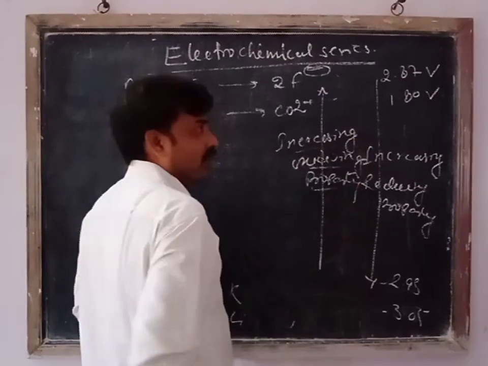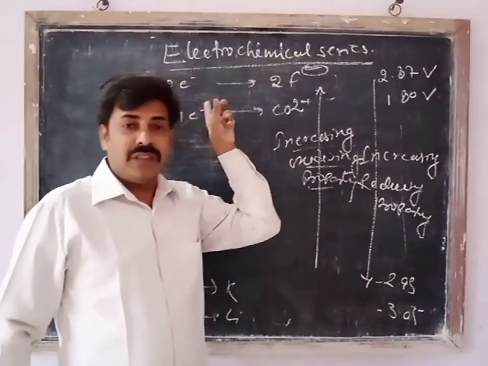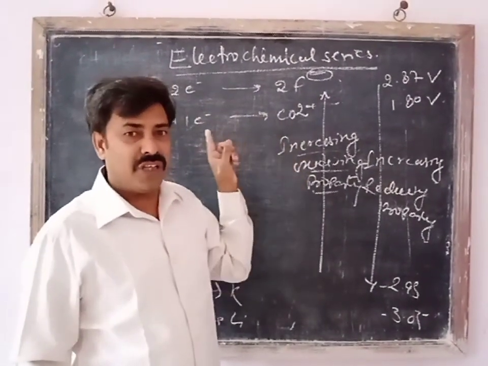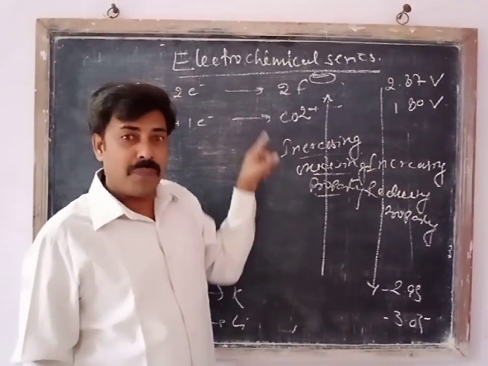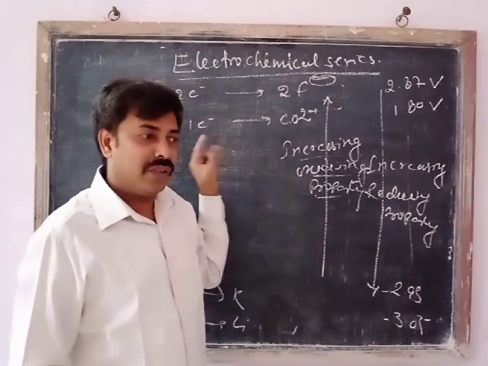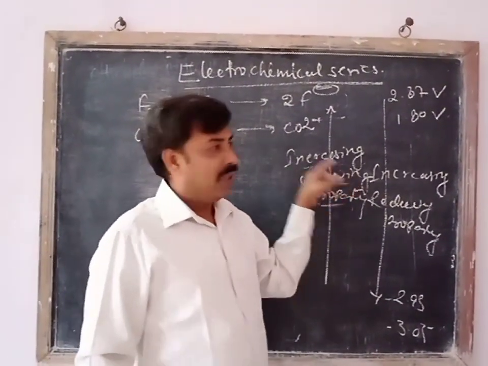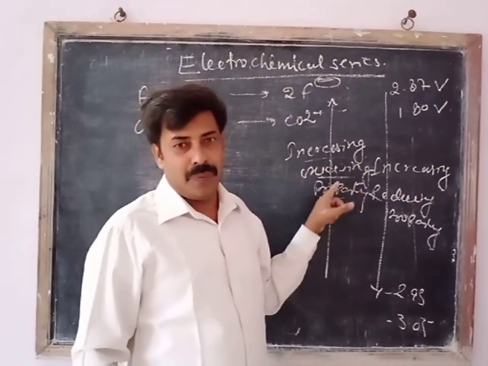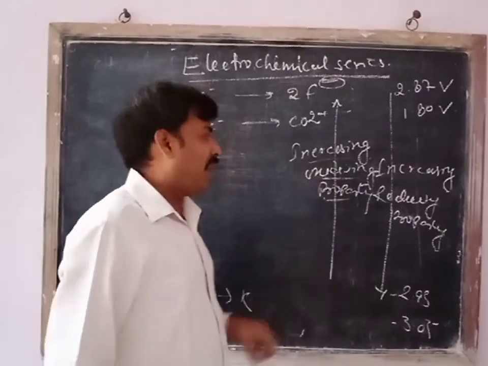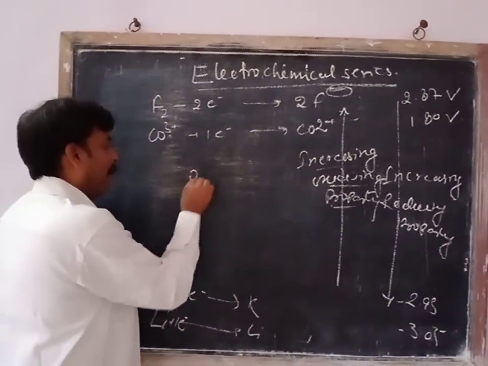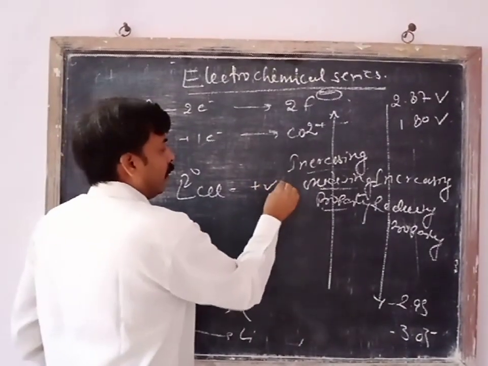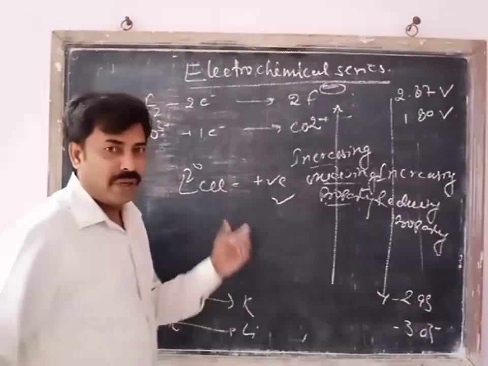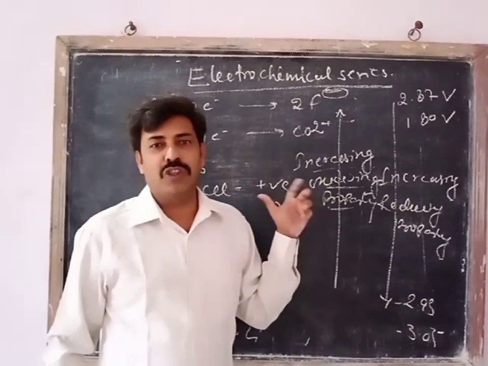By using this electrochemical series, we can discuss the nature of the reaction: what type of reaction or cell reaction is going on, whether the reaction will take place or not, and what the chance is for any cell to proceed. If the value of E cell is positive, only then will the reaction be possible, otherwise the reaction will not be possible.